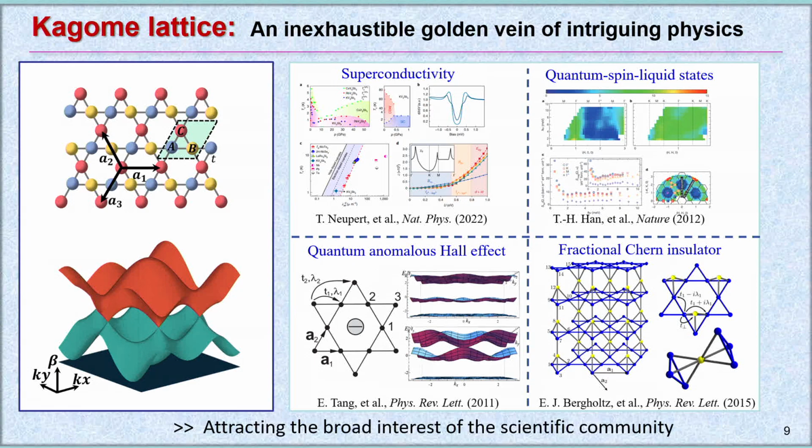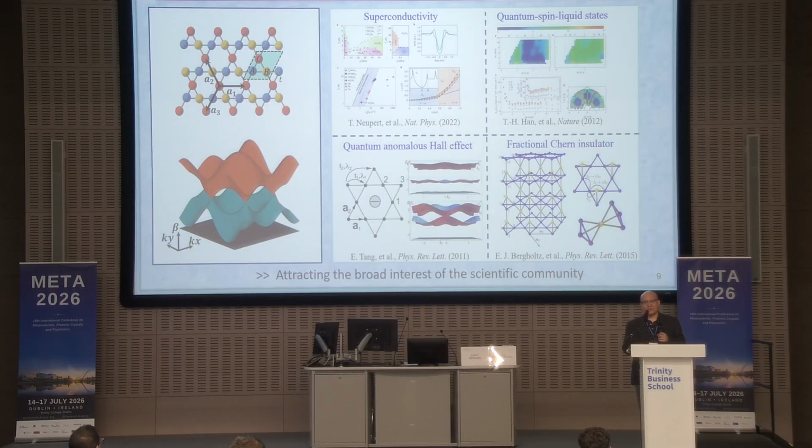Just one slide here to show that if you open the literature, you'll see how much research is based on this Kagome lattice. Here I say it's actually an inexhaustible golden vein of intriguing physics, which is true, not just in condensed matter and material science, but in photonics.